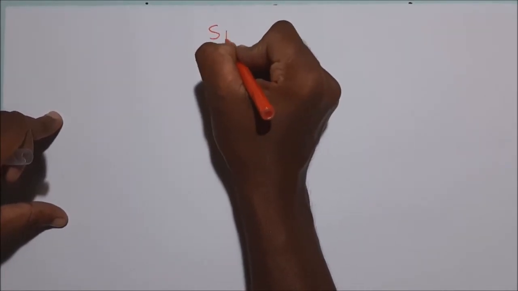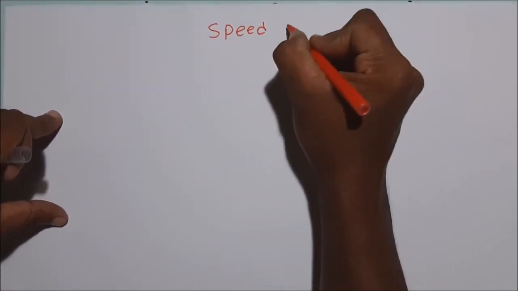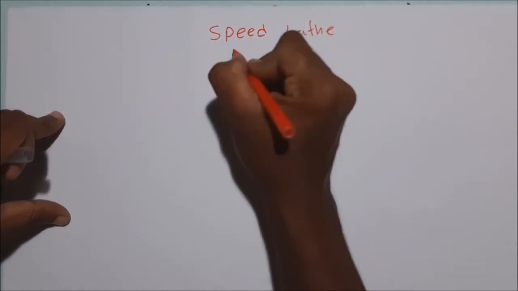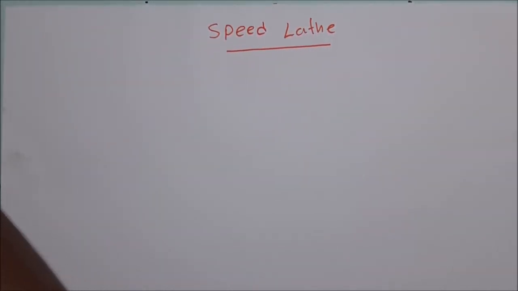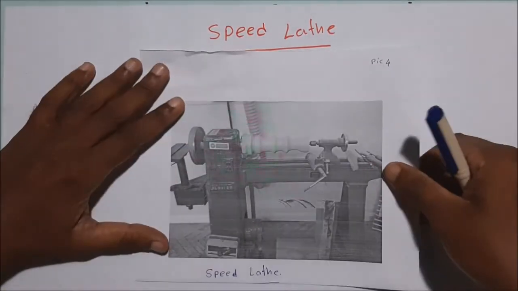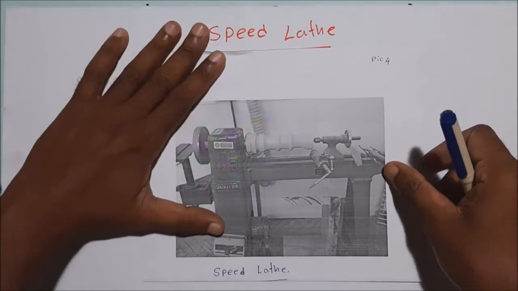The first category is the speed lathe. This is the simplest machine tool type in the lathe category.